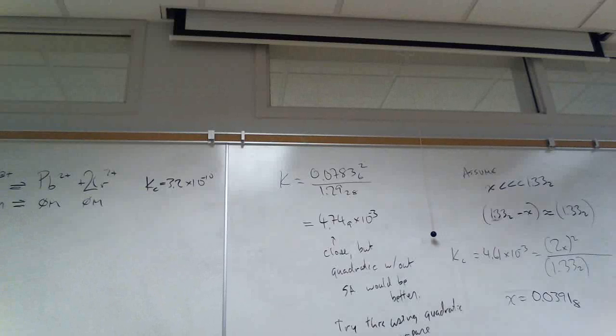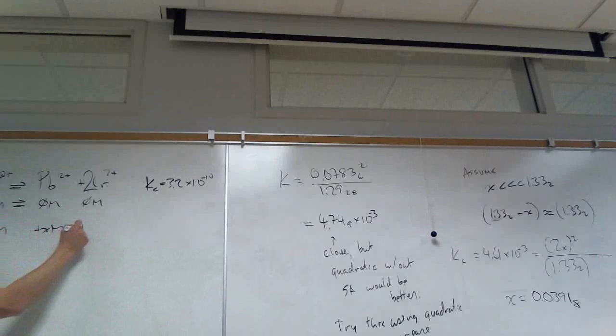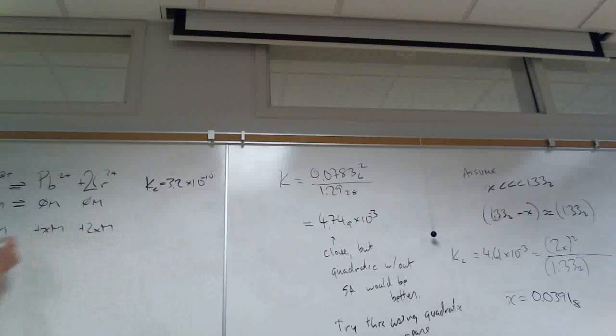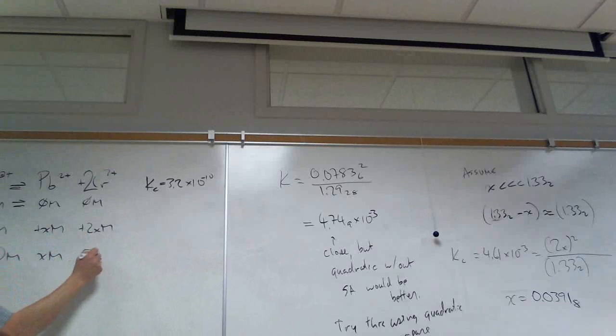All right. Now the next step is, let's complete the table here. Which direction should this go? This is going to go in the direction of the 0, so we're going to go minus 2x molar, plus x molar, plus 2x molar. And so at equilibrium, we're going to have 0.100 minus 2x molar, x molar, and 2x molar here.